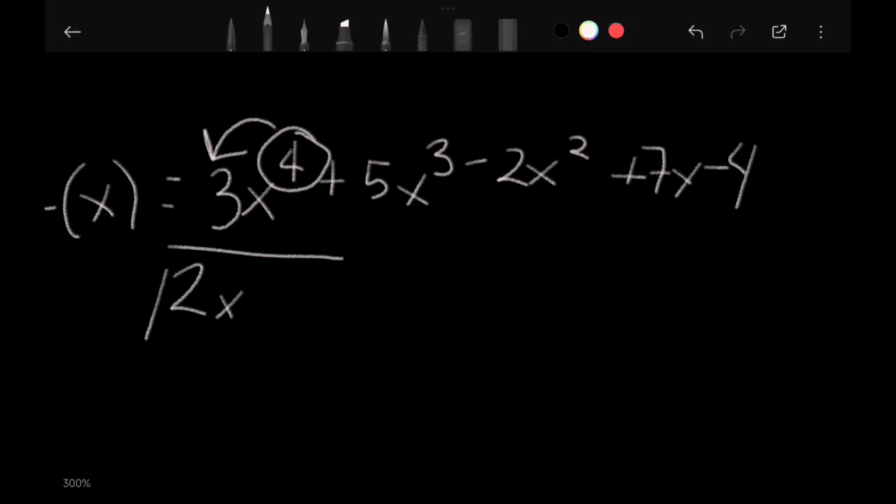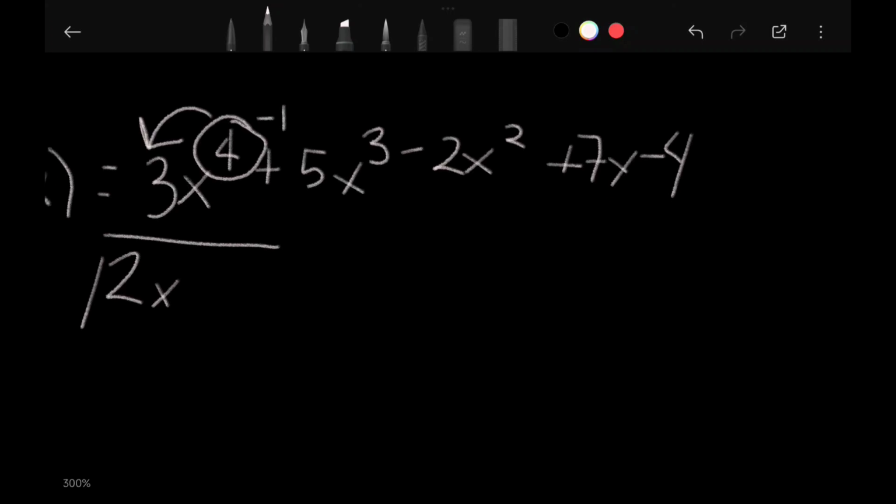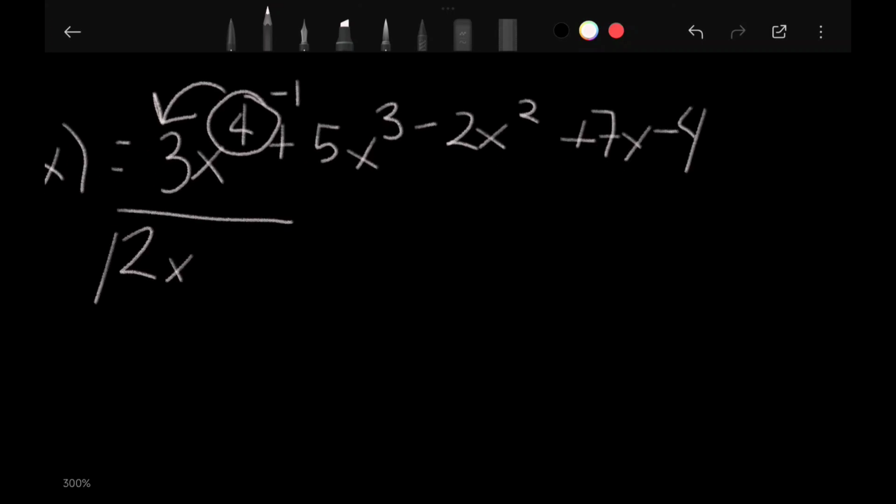And then, it is also a must to always subtract 1 from the power. Okay? And we use the power rule. So, since 4 minus 1 is equal to 3, we have to put 3 here. So, it'll become 12x to the power of 3.